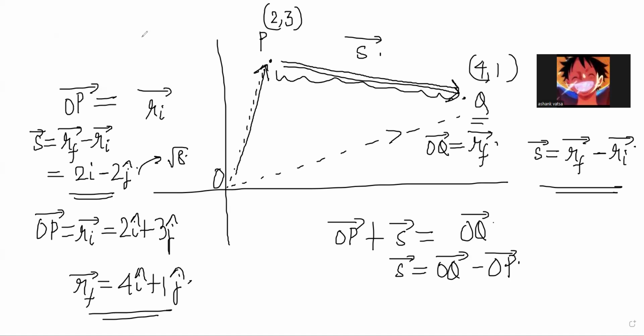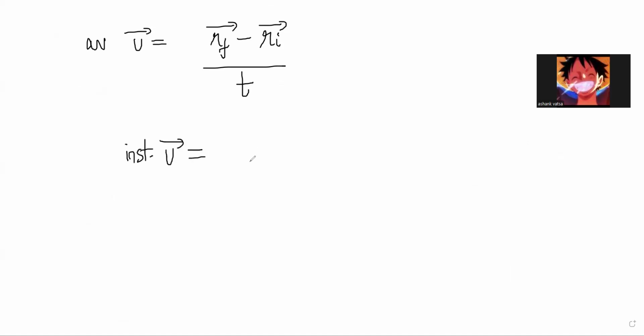If you know your total displacement, and you divide the total displacement by total time, you'll get average velocity, which will be r final minus r initial by time. And if you want the instantaneous velocity, that would be dr by dt.